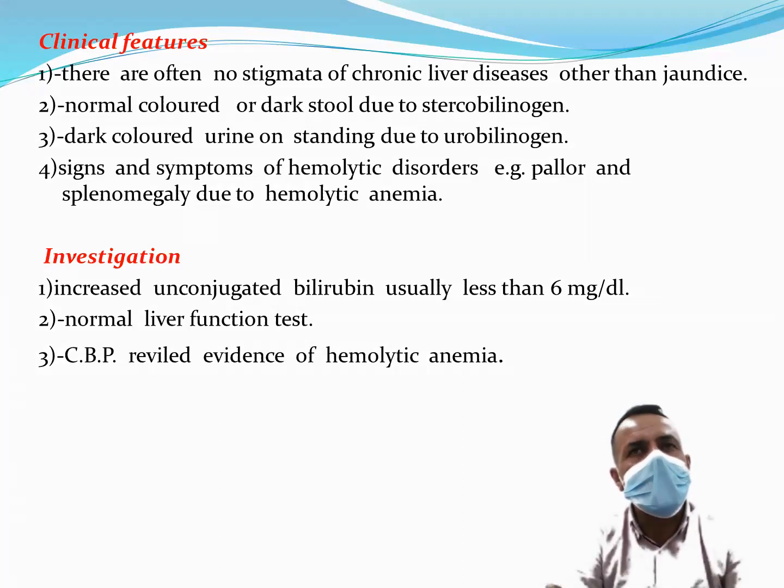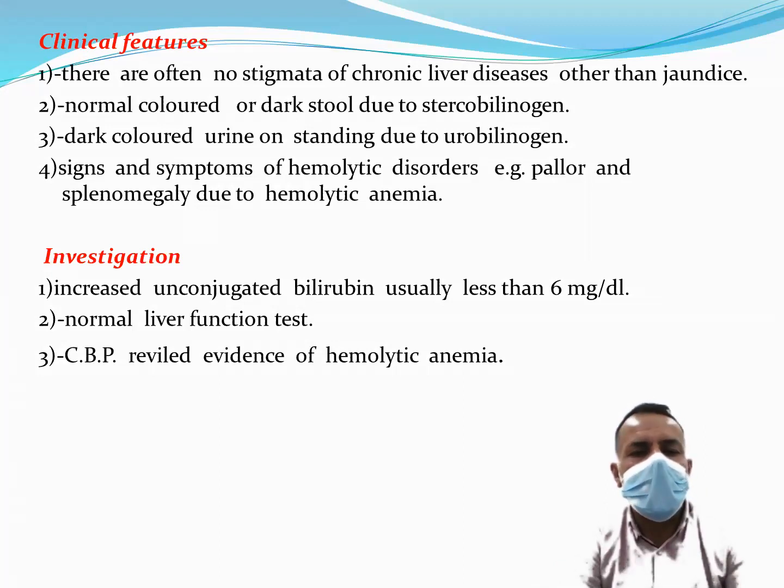Second, normal color or dark stool due to stercobilinogen. Dark color urine on standing due to urobilinogen. So both the stool and urine are deep in color due to unconjugated bilirubin.